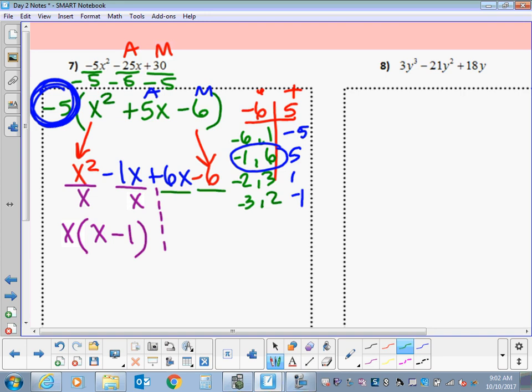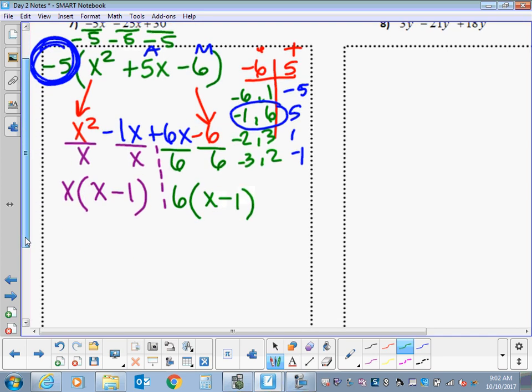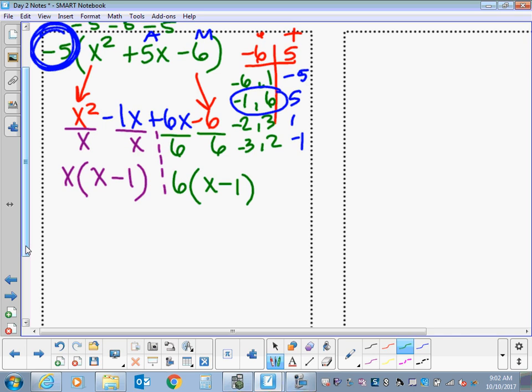They both have 6's, right? So my GCF is 6. If I divide, I have x minus 1. Do I have matching parentheses? Yes. X minus 1. My GCFs become parentheses, so x plus 6.